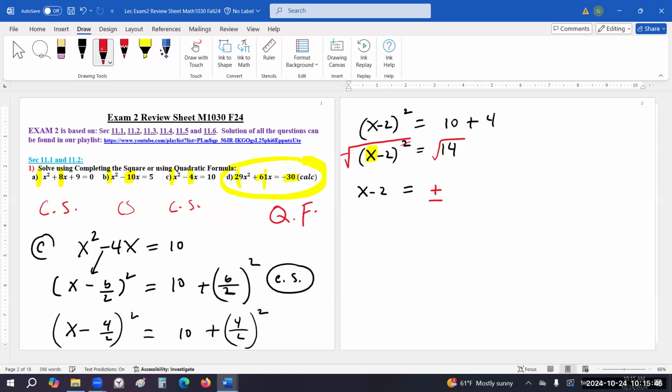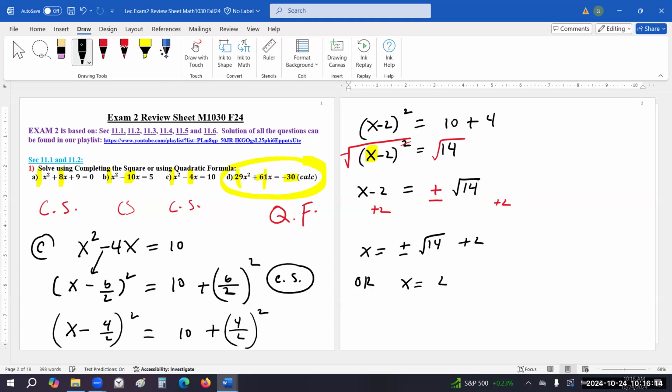Plus minus. Always. Anytime we do the square root of a variable, one side must have plus minus. And then what do you do in the last step? To get the x alone, add 2. So the answer is plus minus square root of 14 plus 2.